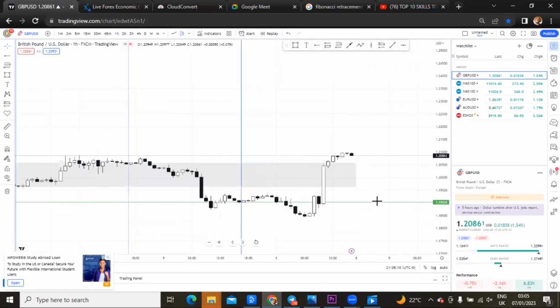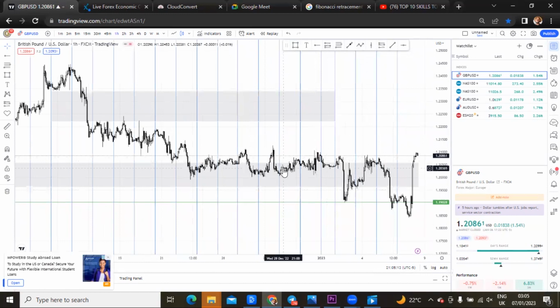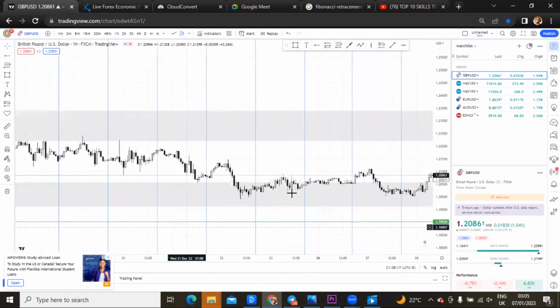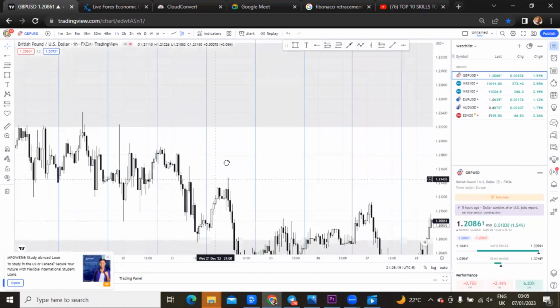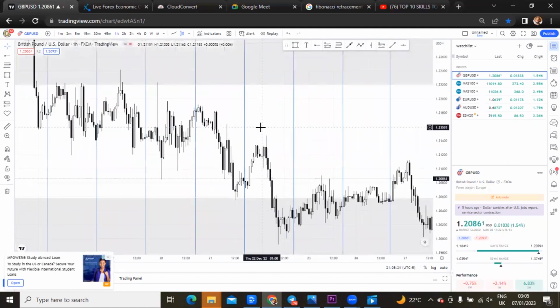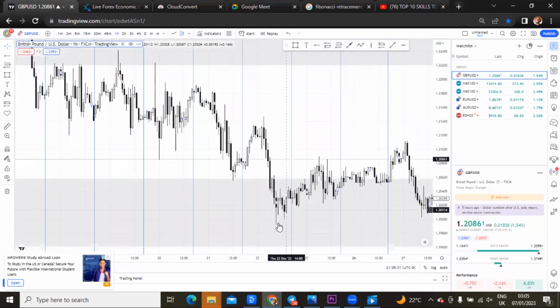So on the 22nd, was this day. Okay. So what happened on this day? Remember, on the 1 hour, we have to draw our fib. So this was where price was. Okay. And remember, our Q zone is by this time.